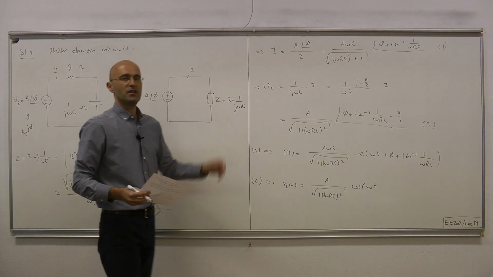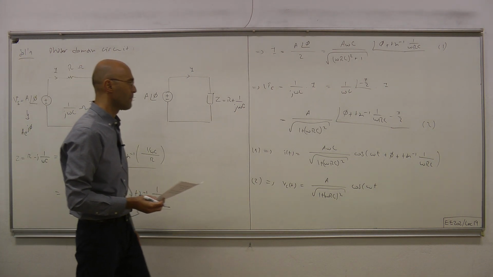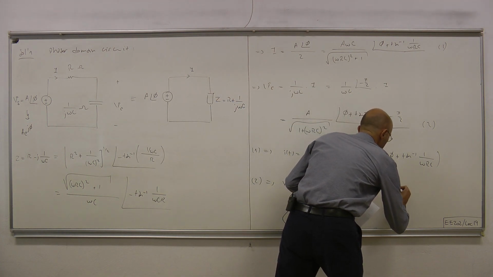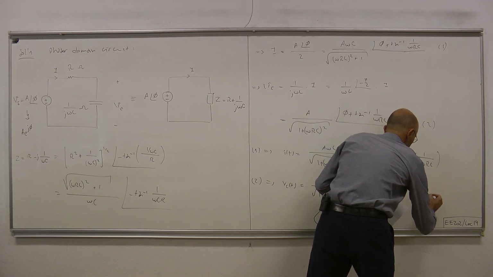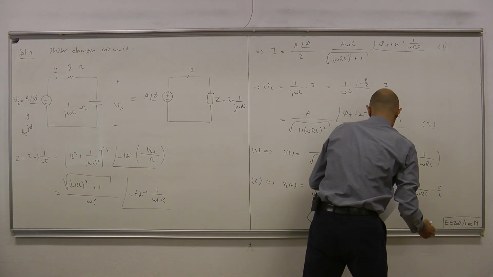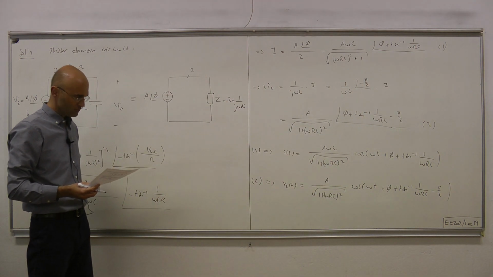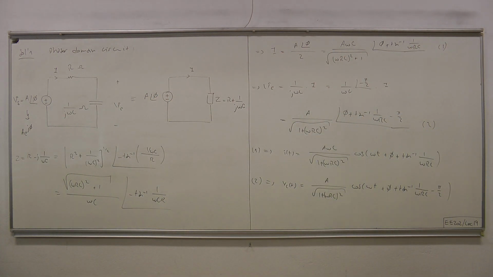In fact, all the signals in our circuit, all the currents and voltages will have the same frequency, omega. And then as for the phase, we have phi plus arc tangent 1 over omega RC minus 90 degrees. And we're done. Now let's move on to our next example.